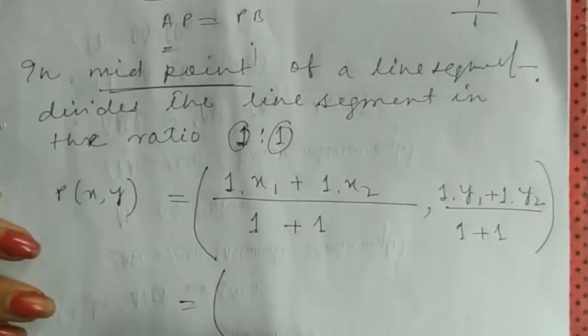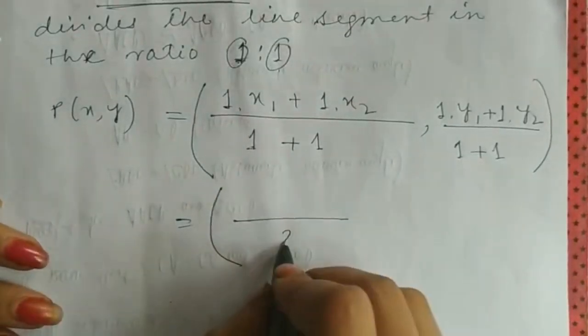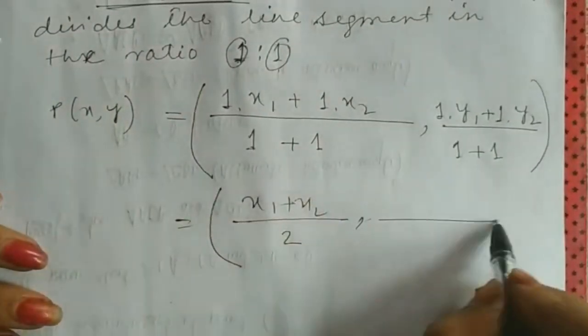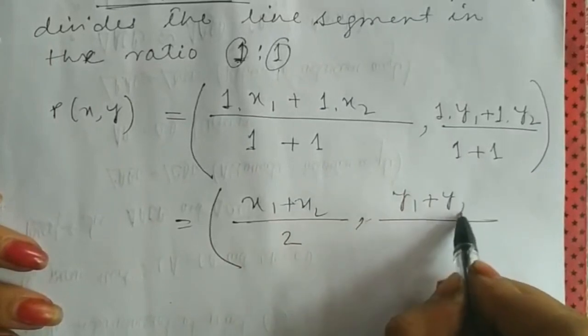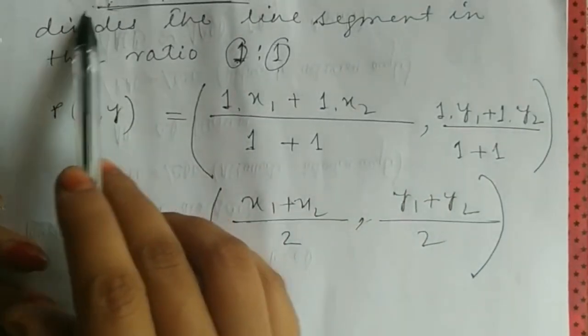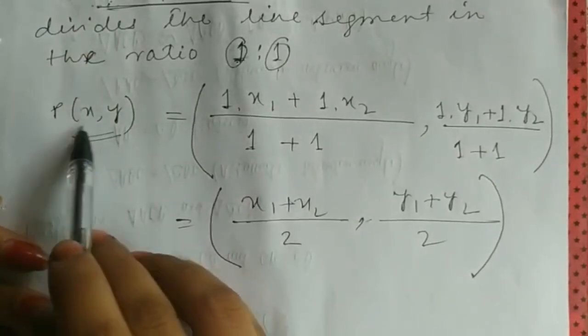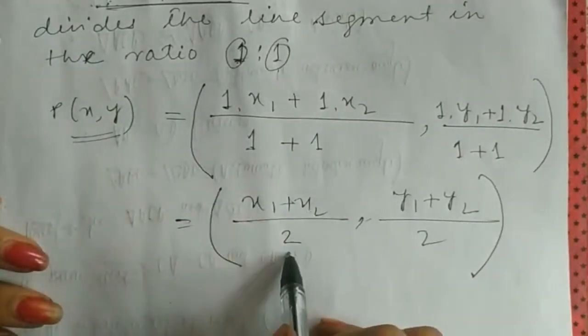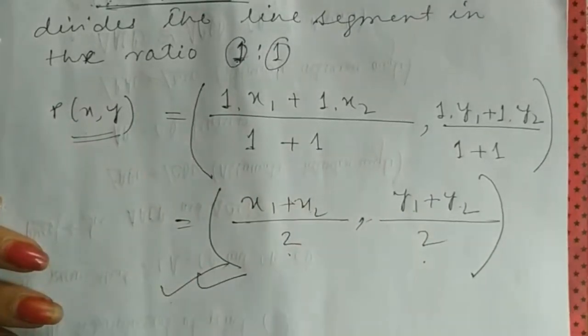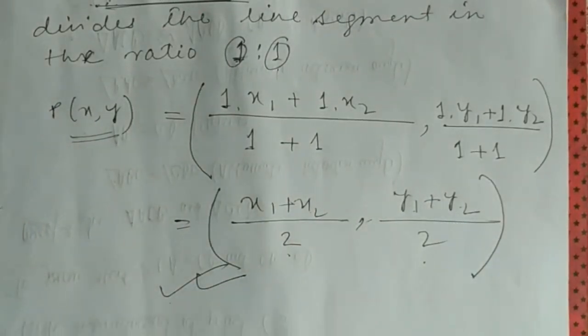So this is X1 plus X2 by 2, and again Y1 plus Y2 by 2. So at the midpoint, the coordinate of P X comma Y is X1 plus X2 by 2, Y1 plus Y2 by 2. You can apply this directly if the midpoint is given.